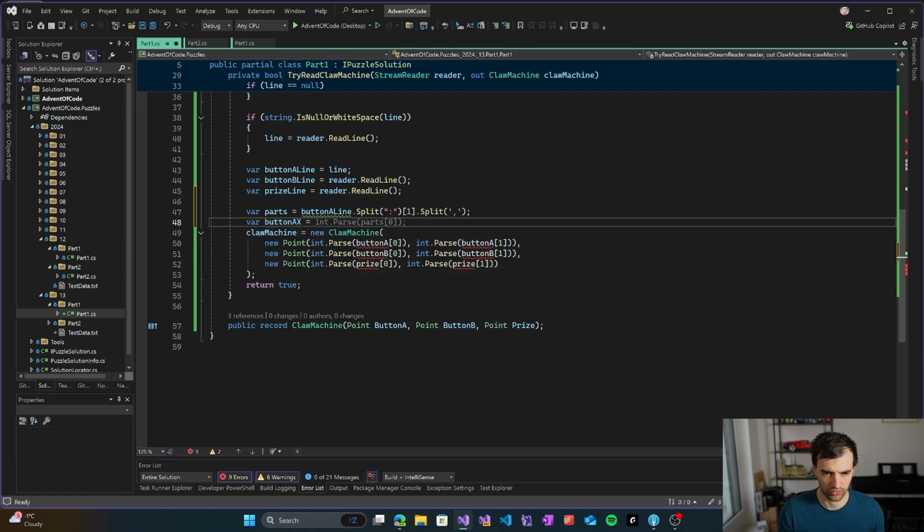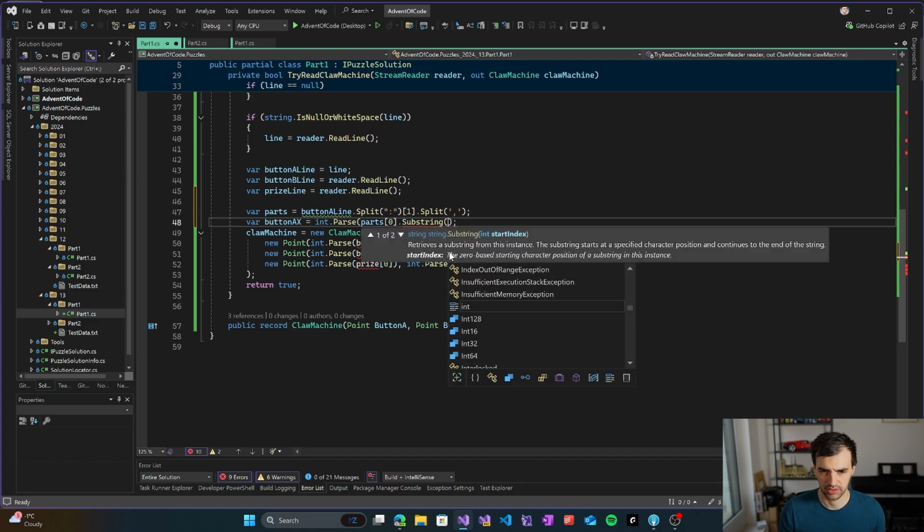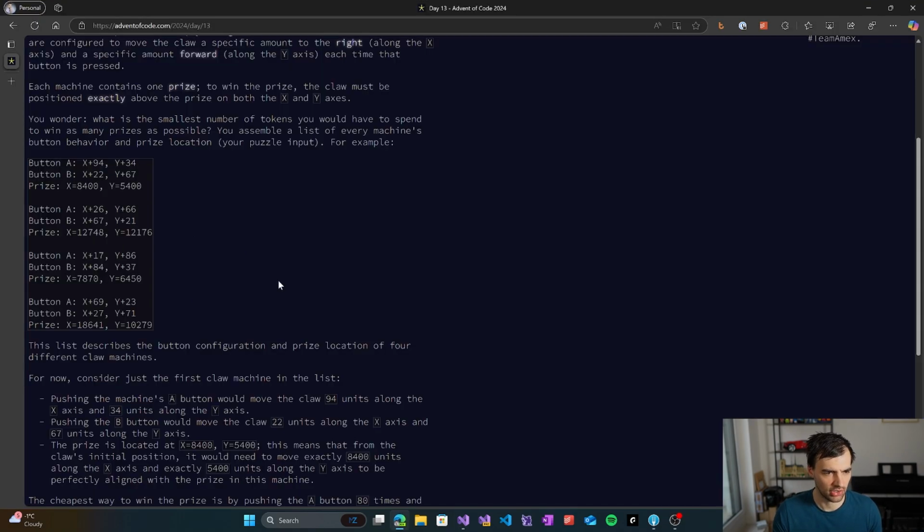So AX equals int.Parse of Substring 2, so we start at index 2, so we skip the X plus and Y plus.